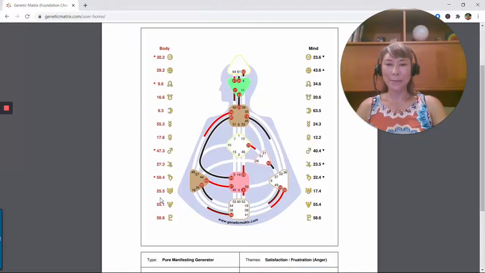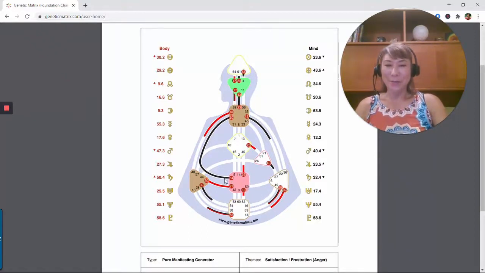So here's an example of a pure manifesting generator, and in the strictest sense, with the sacral center being defined and the throat center being defined through the 34-20 channel, this would be the purest of all pure manifesting generators.